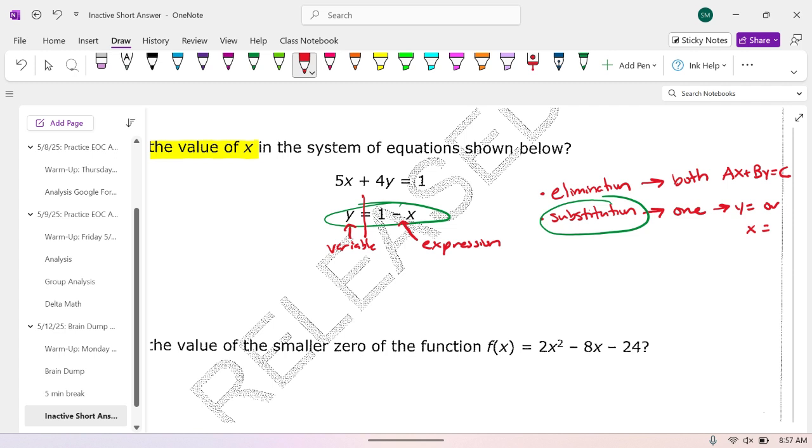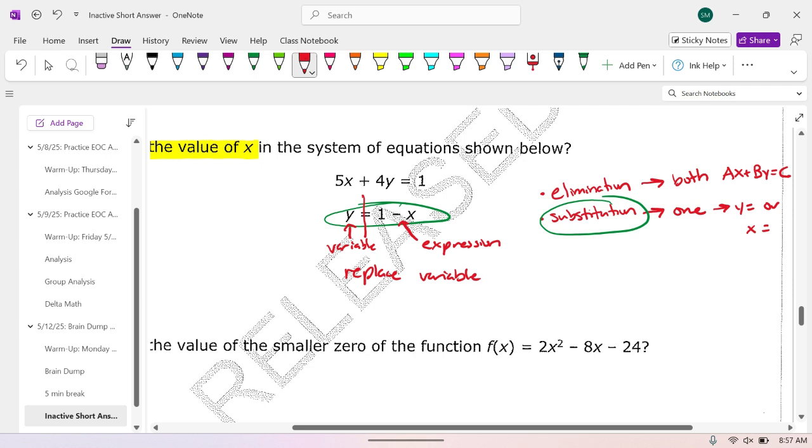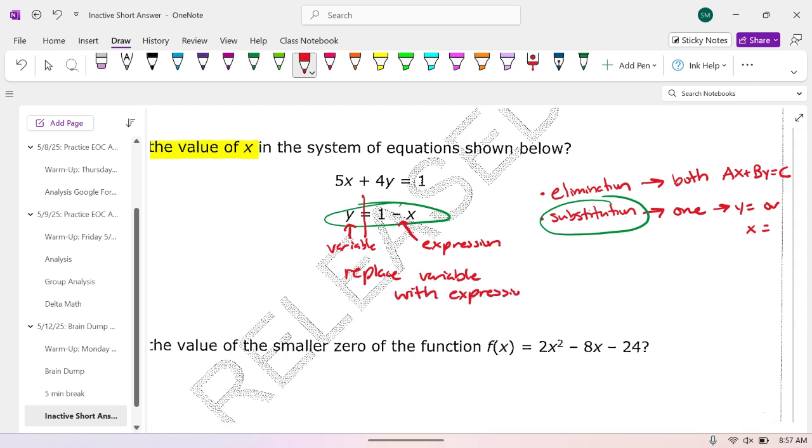So in our top equation, which variable am I replacing? So we replace variable with expression.